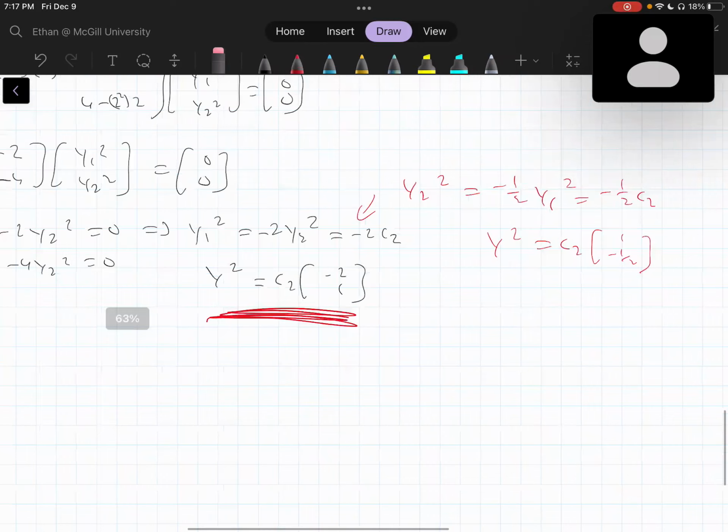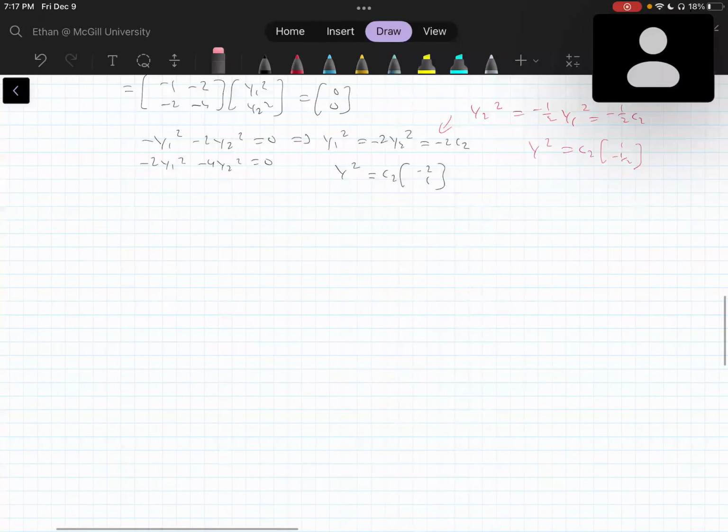Okay, and then we can write our solution again in full form. Omega 2 is equal to 2, so this is going to be our second solution.